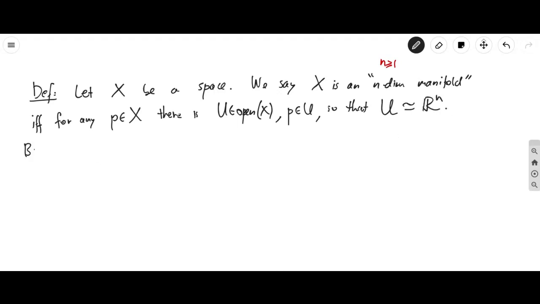Okay, so basically, at each point P on your space, X looks locally like Rn.